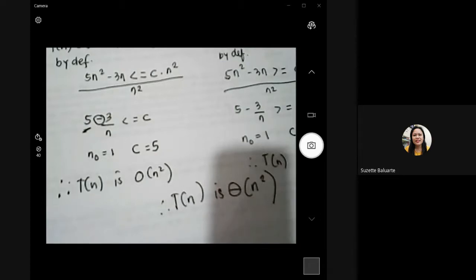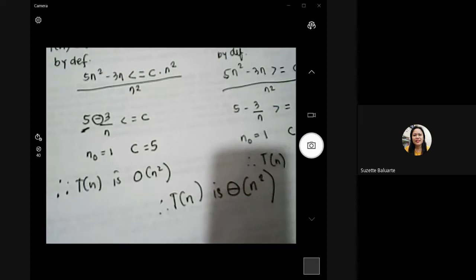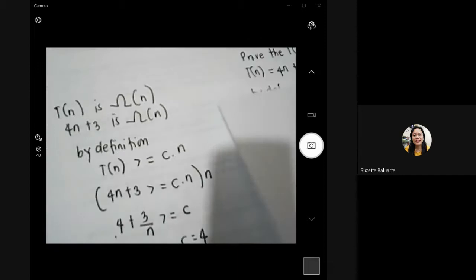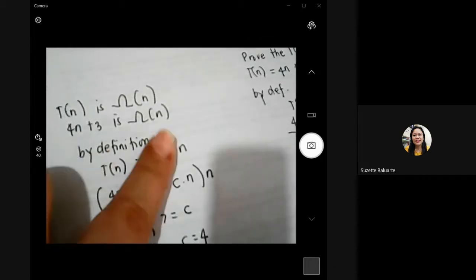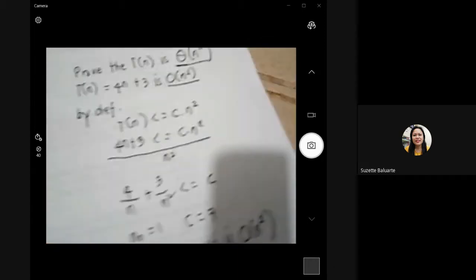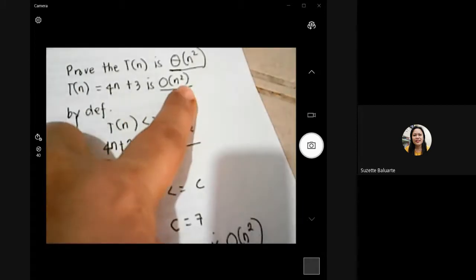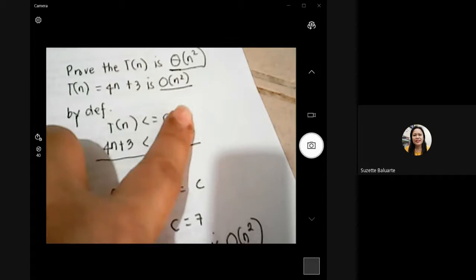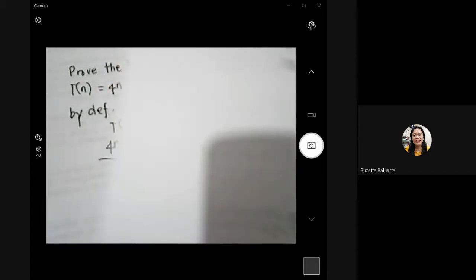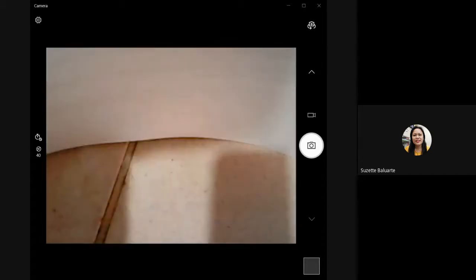Miss, when is the time that we cannot say it is big O? N. Sunod. Kani? N squared. Okay? So, kanus-a tama kaingon nga dili siya big O?